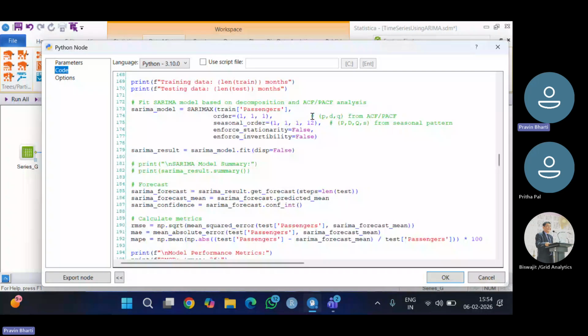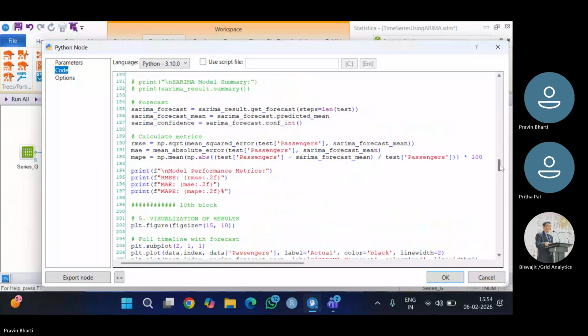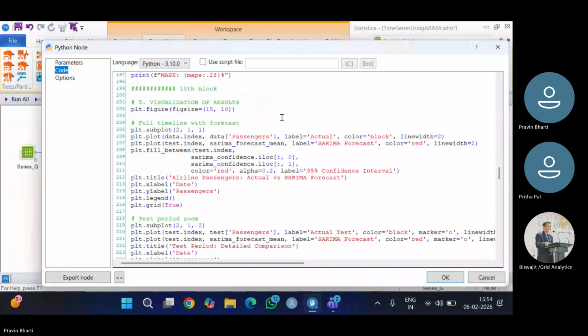After that, I will forecast with my model. Then visualization and results: the full timeline with forecast. So it will show the forecasted values with the full timeline.